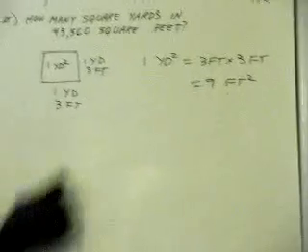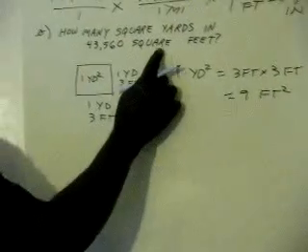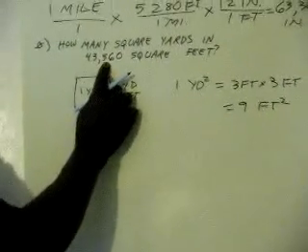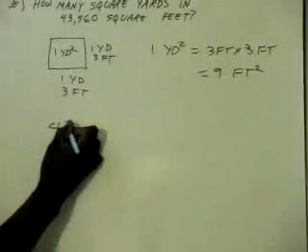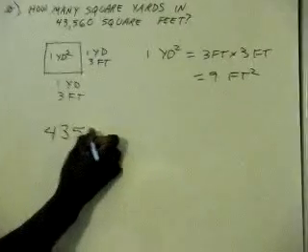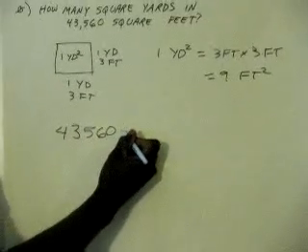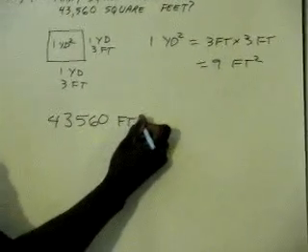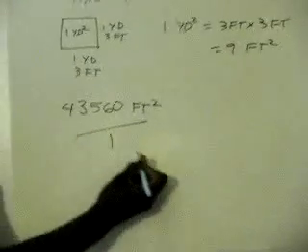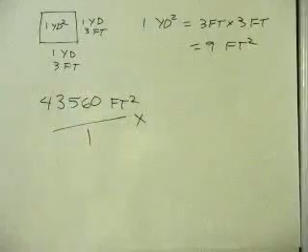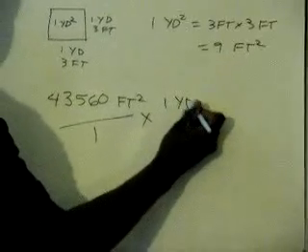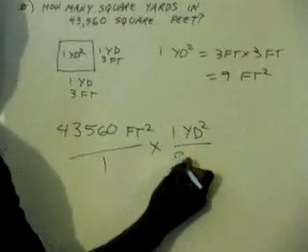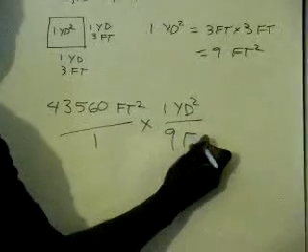Now, let's make a conversion factor to change this number to square yards. We have 43,560 square feet, and I'm going to put it over 1. Multiply that by 1 square yard over 9 square feet.